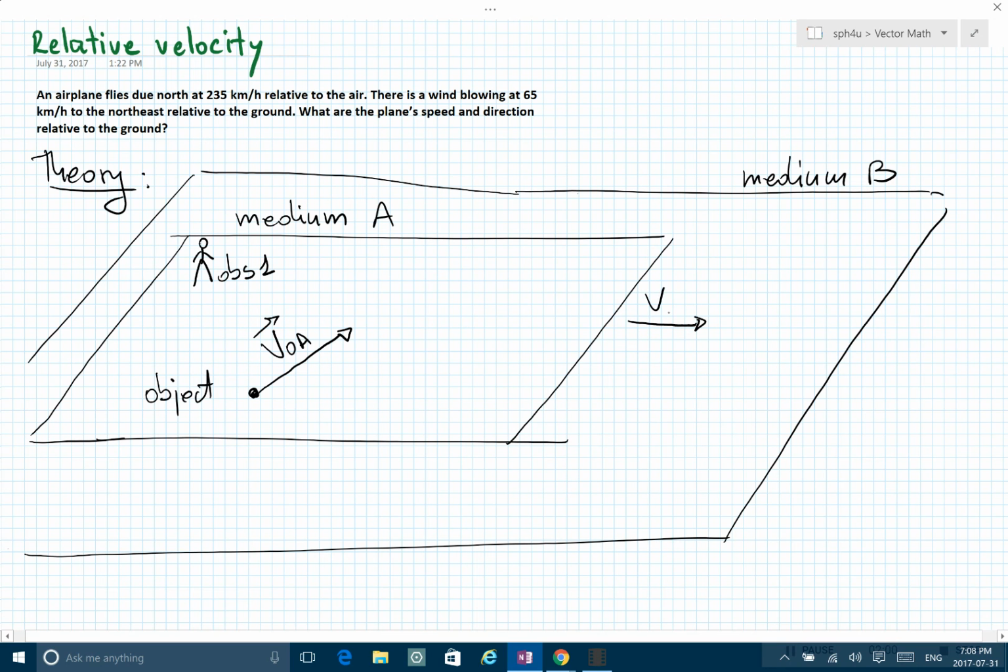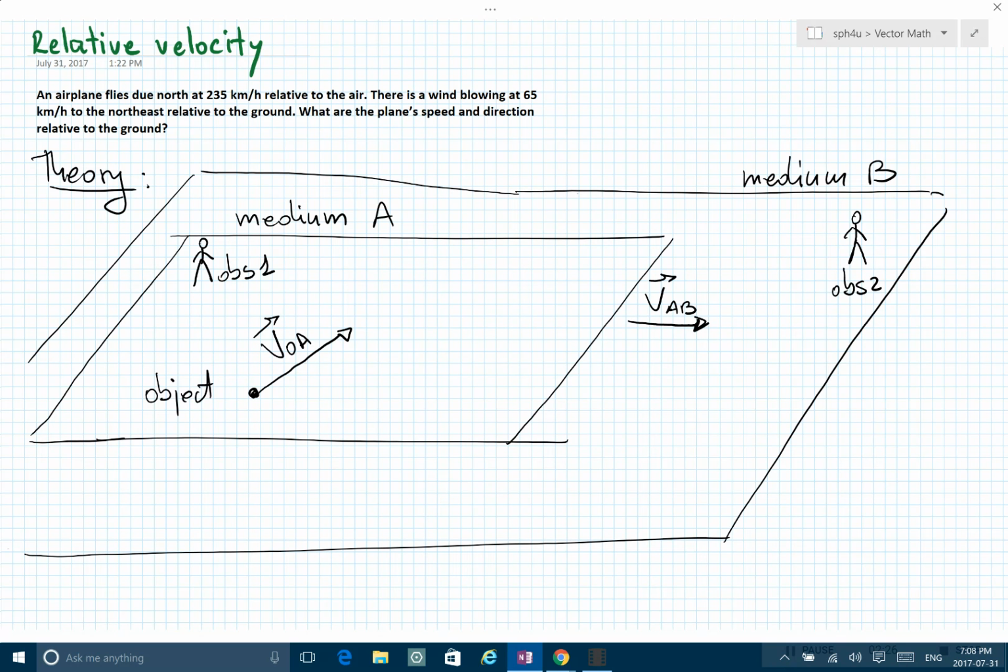So this is the velocity of medium A with respect to medium B. Now we have another observer here, let's call this observer 2. And what he sees is the whole medium A moving through medium B, for example, the ground and the conveyor belt. And this guy is on a conveyor belt, and this object, a mouse, is on the conveyor belt moving.